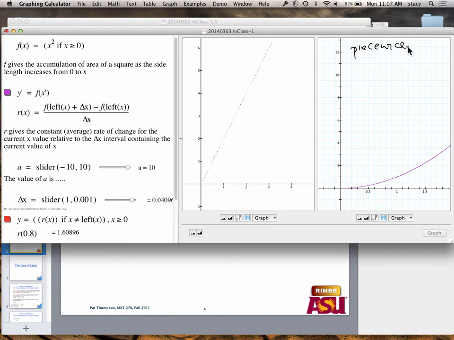Piecewise, I want the L of x function. Okay, I want to know how you write the equation for L of x.